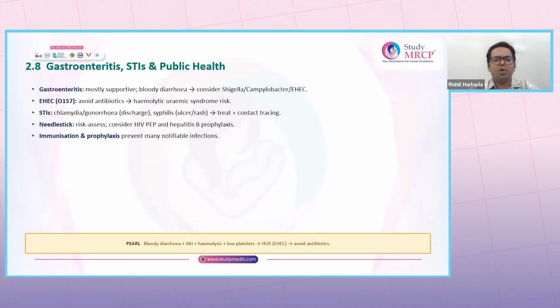And most commonly, it is caused by viruses, that is norovirus, rotavirus, adenovirus, astrovirus, etc. Some bacteria like Campylobacter jejuni, Salmonella, Shigella, E. coli, or protozoa like Giardia, Entamoeba, Cryptosporidium, mostly in immunocompromised individuals.